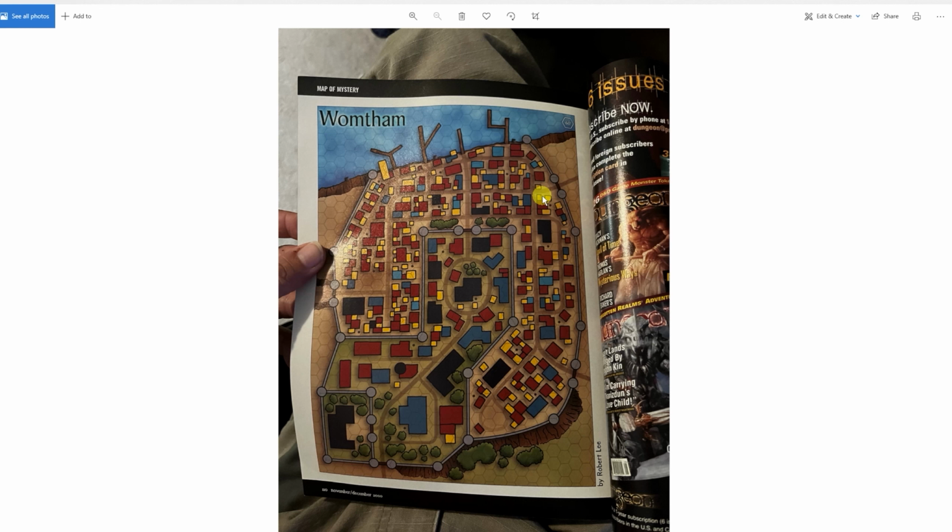This particular rendition by Robert, I don't think is necessarily something that is locked in stone in this particular instance, right? I think this is his version of Womtham. I have seen a single other version that was a computer-generated version that I'm not even going to bother showing you.